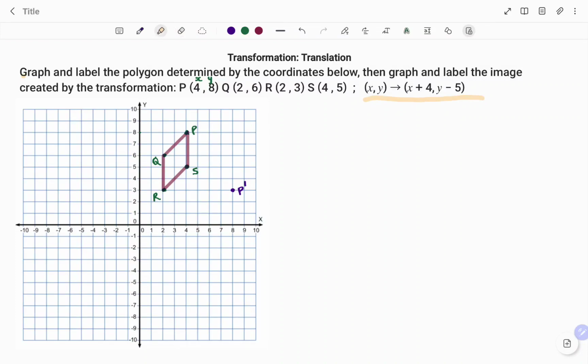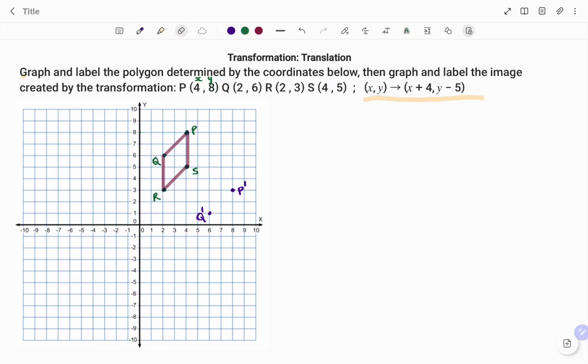That's 4 units to the right. From Q, I go 1, 2, 3, and 4, and then 5 units down, starting from 0, 1, 2, 3, 4, and 5. So that's my next point. I call that Q prime to differentiate it from my initial point.